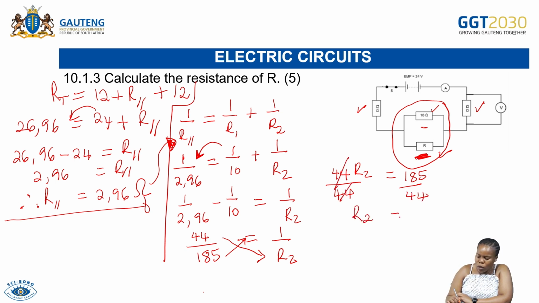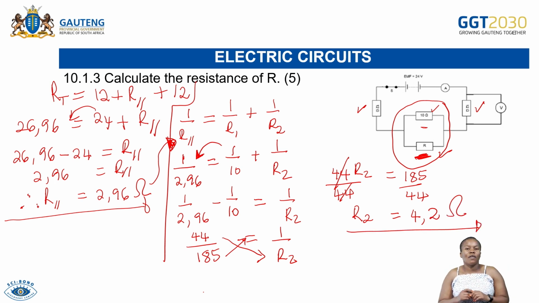You have R2 is equals to 185 divided by 44. It's giving us 4,2 ohms. Now we know that the magnitude of this R2 is 4,2. All right, nicely done. So let's move on. This is how you get yourself that 5 marks.